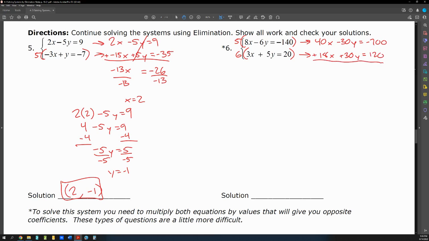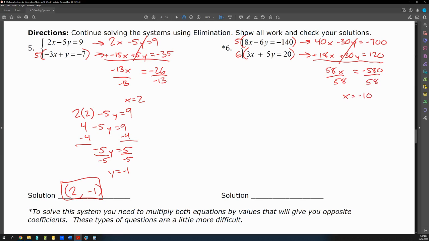The same number in front, one's positive, one's negative in the y term. So we can add up these equations. 40x plus 18x gives us 58x. Y terms cancel out. And negative 700 plus positive 120 is negative 580. Dividing both sides by 58, and we get x is equal to negative 10.